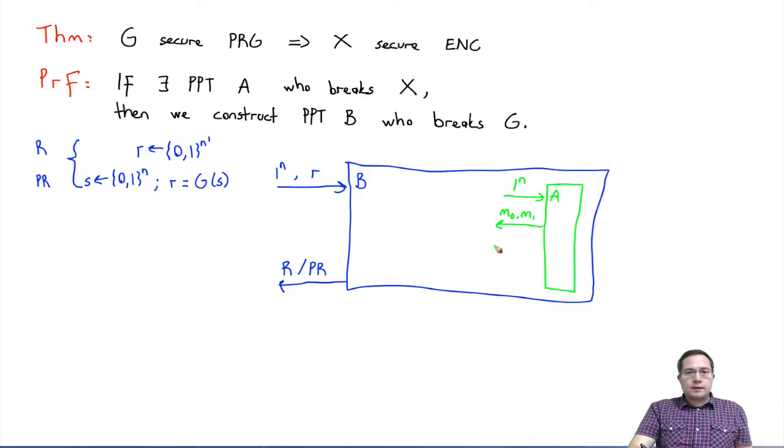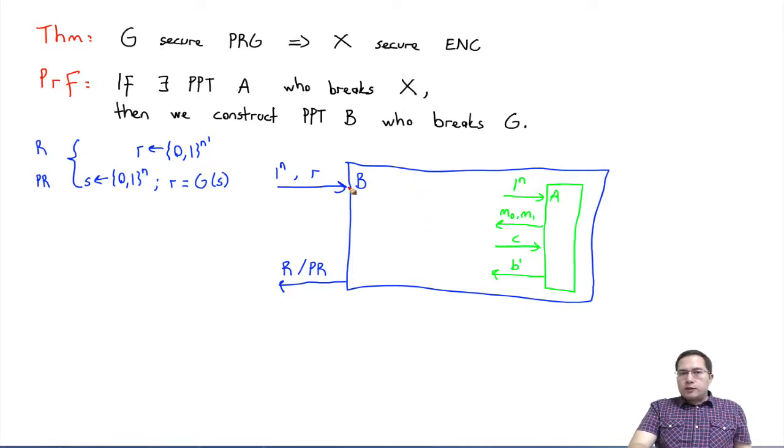Then we are going to return some value C that should be encryption of one of these to A, and finally A is going to output his guess B prime. Remember, B needs to behave similar to the challenger of the encryption game here, and it needs to behave as an adversary in the PRG game here. So now our job is to fill in the code for B.